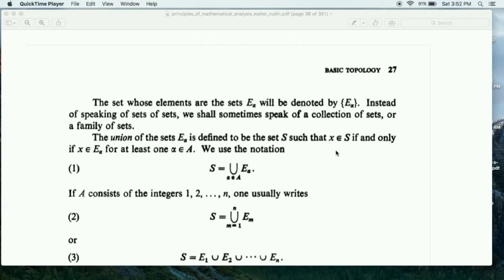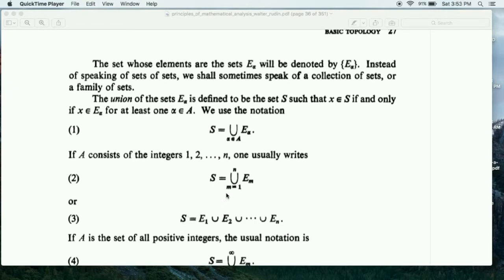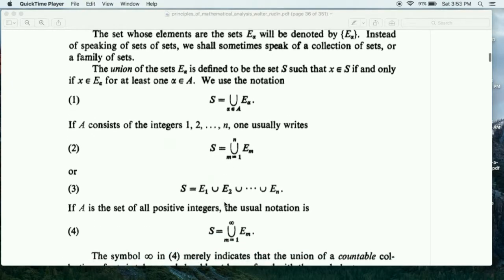Now, to say it rigorously, the union of sets E alpha is defined to be the set S such that X belongs to S if and only if X belongs to E alpha for at least one alpha in A. So every element in the union set has to belong to at least one of the sets of which we are taking the union, and we use this familiar notation. There can be a finite union or an infinite union.